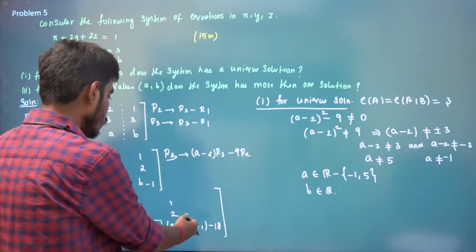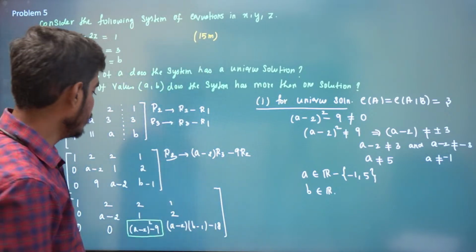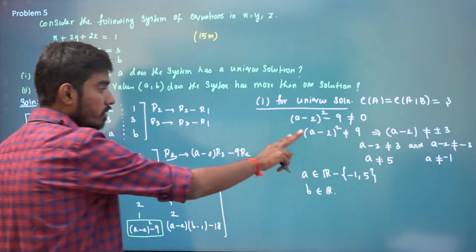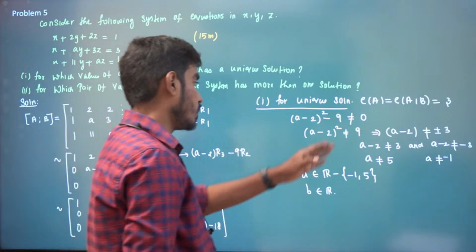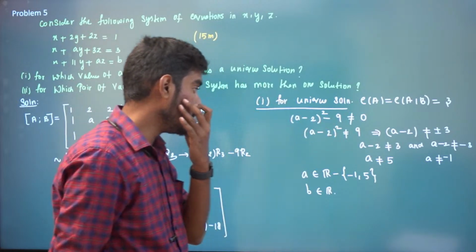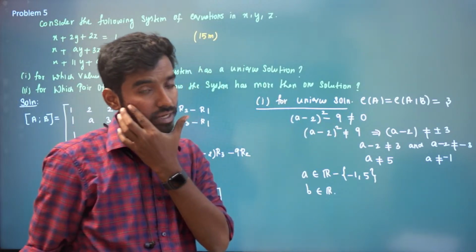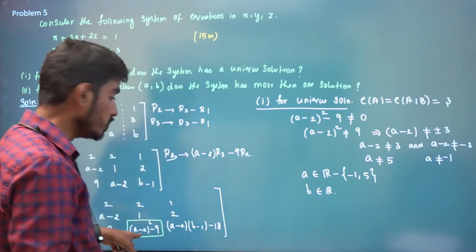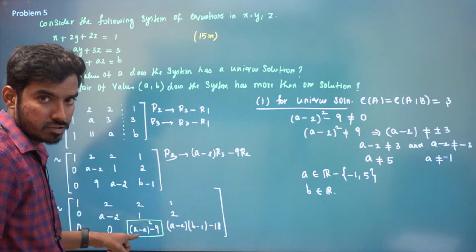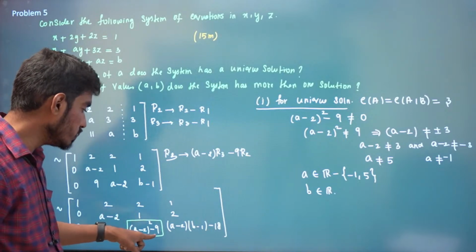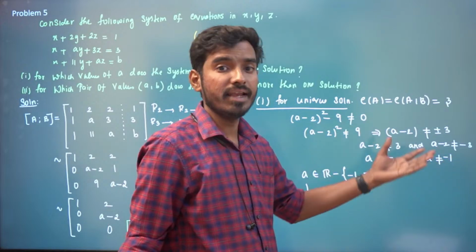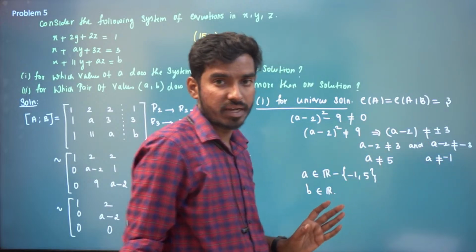This number will not be equal to 0 if a does not take minus 1 or 5. If it takes minus 1 or 5, then this will be equal to 0. It should not be equal to 0, which means a should not be equal to 5 and minus 1. That means a can take any real number except 5 and minus 1.